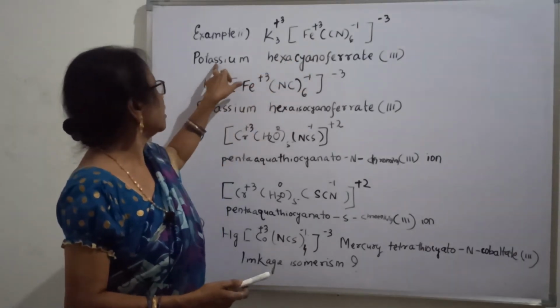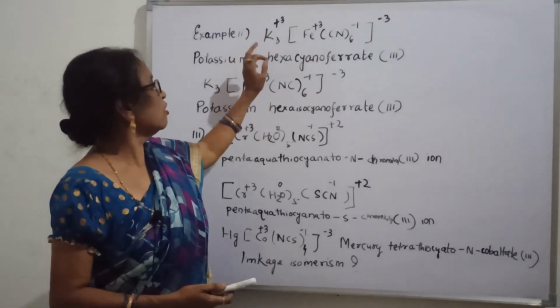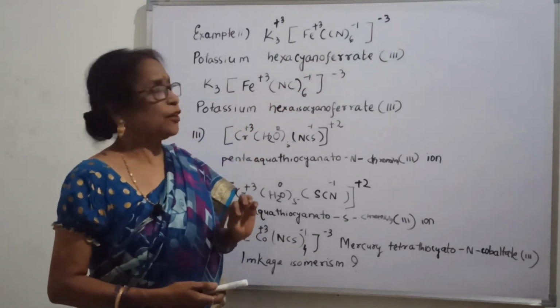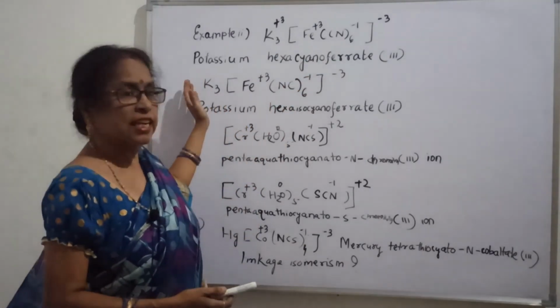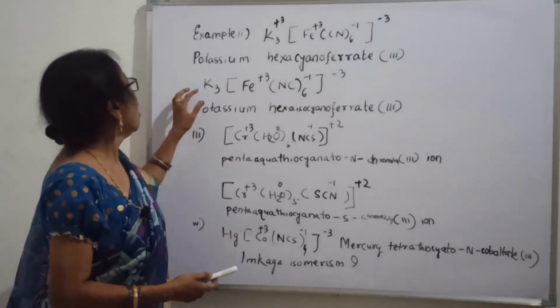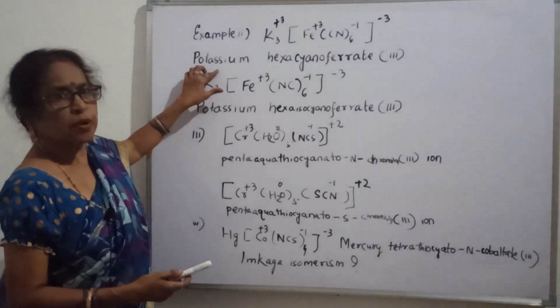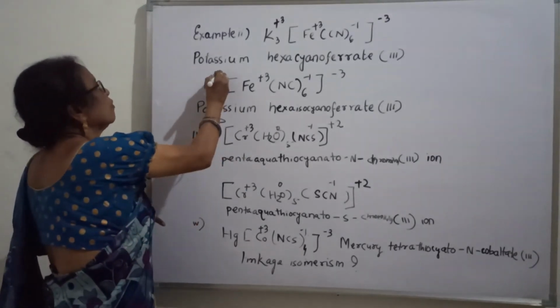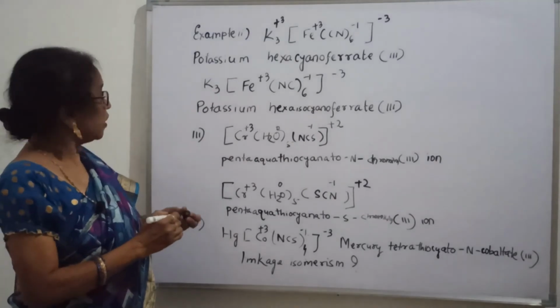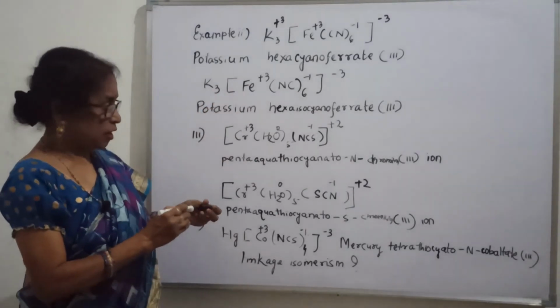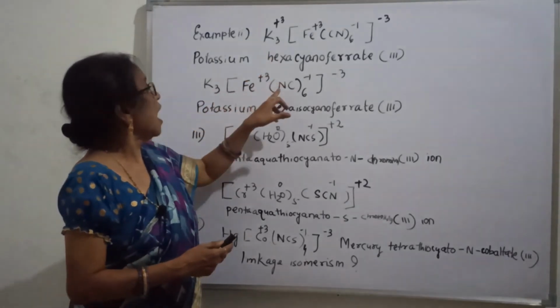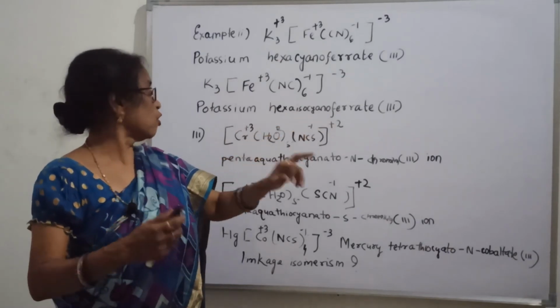According to that, potassium, there should be a capital because it is cation, hexacyanoferrate(III). Similarly K3, that is cation, K3 means 3 times, so 1 K is +1, so it should be +3. So you can write here +3.